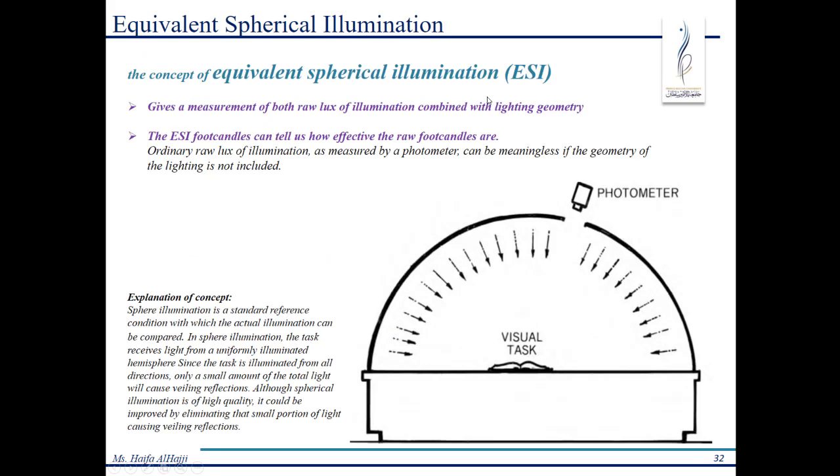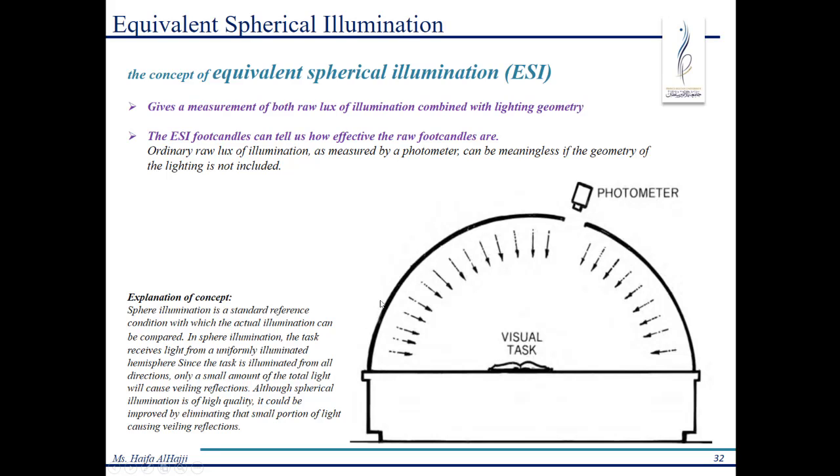So the equivalent spherical illumination is a measurement of both the lux illumination combined with the lighting geometry, which takes into consideration any issues like reflections and glare. It's called equivalent spherical illumination because it's assuming that the light coming onto that point here is coming from a hemisphere, a half of a sphere.